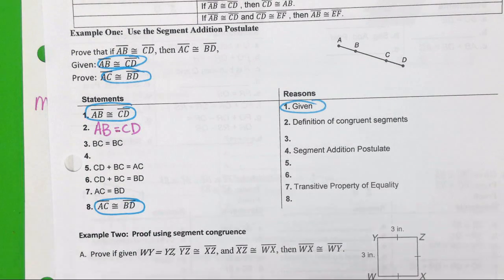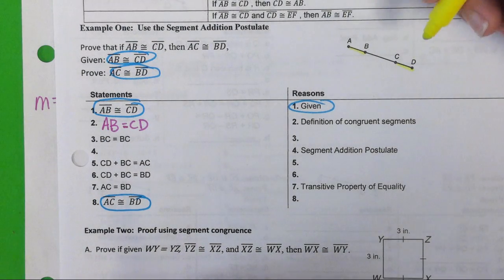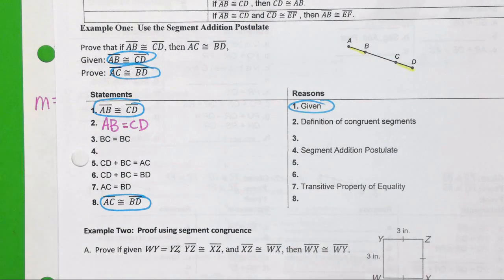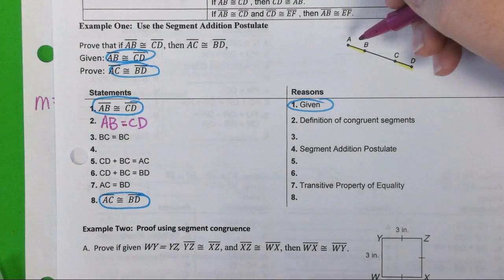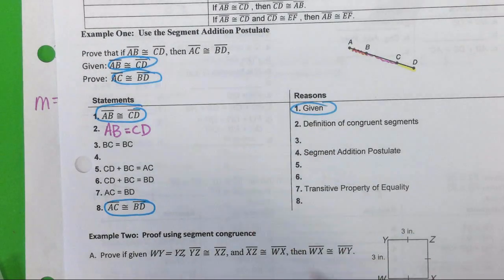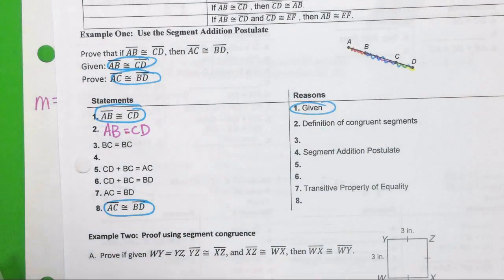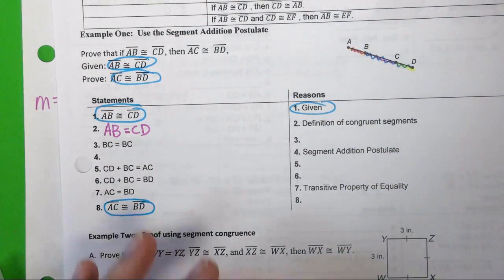And I still haven't even read the problem to make sure I know what I'm doing. So let me read back through the problem. It says, prove that if AB is congruent to CD, then AC, all the way from here, all the way to here, is congruent to BD. Well, the section that I colored 2 different colors, let me zoom in and see if I can show you again.